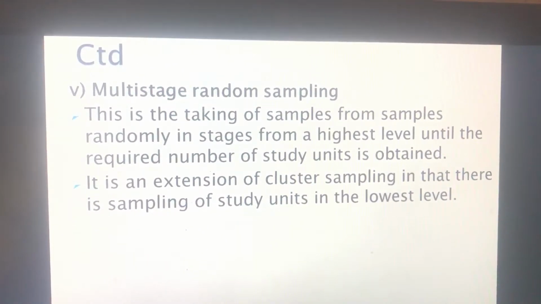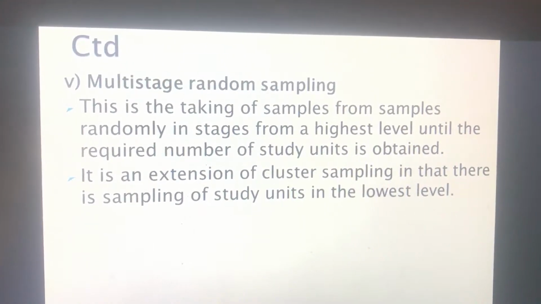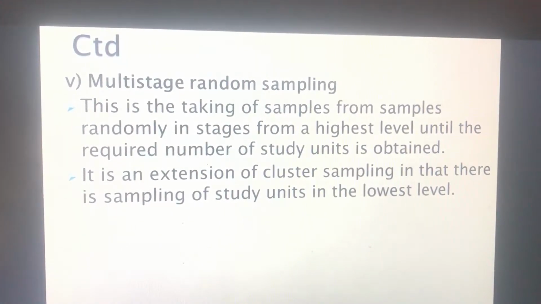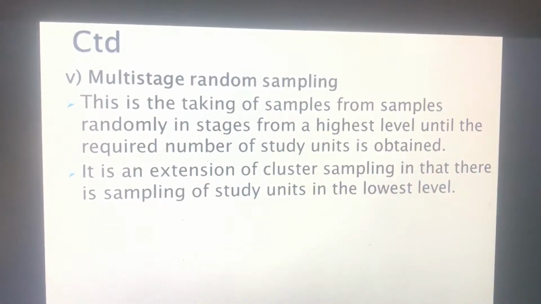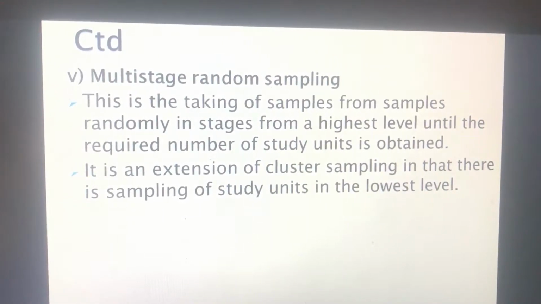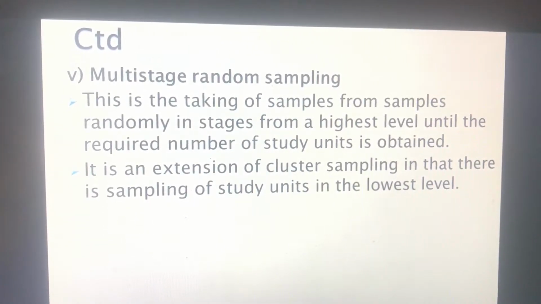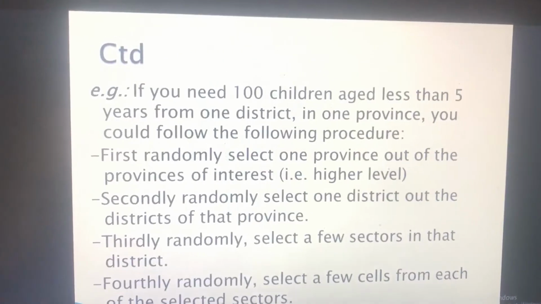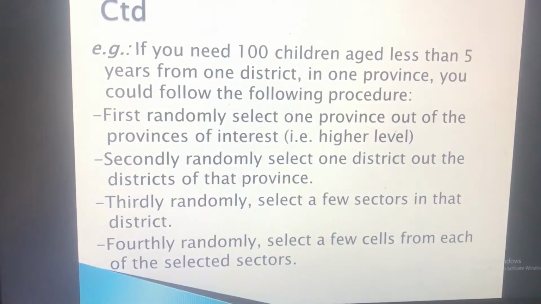In random sampling methods, we also have multi-stage random sampling. This is the taking of samples from samples randomly in stages, from the highest level until the required number of study units is obtained. It is an extension of cluster sampling in that there is a sampling of study units at the lowest level. Let's have an example.